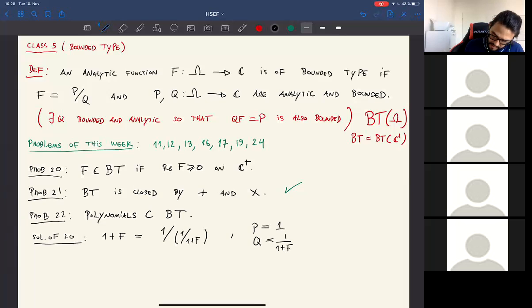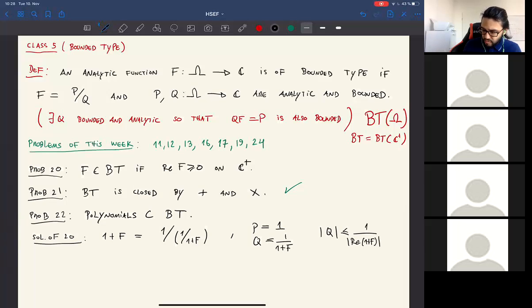Is p bounded? Of course, yes. Is q bounded? Well, definitely, because the norm of q is less than or equal to 1 divided by the modulus of the real part of 1 plus f.